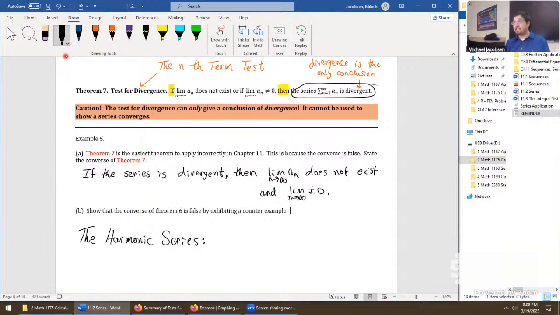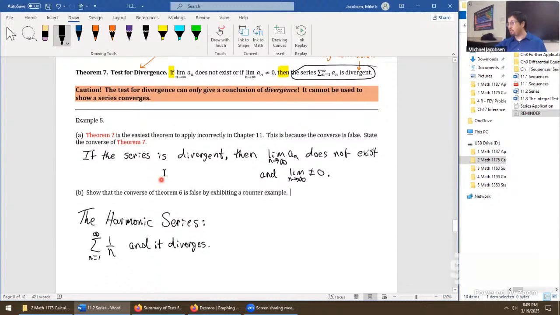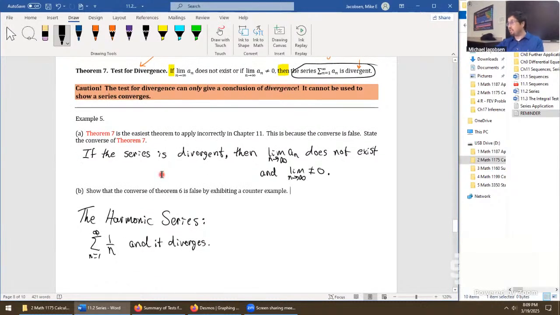Our author shows this as an example in 11.2 in a different method. But the harmonic series is a summation as n goes from 1 to infinity of 1 over n, and it diverges. We've only looked into numerical evidence ourselves, so we're going to have to cite our authors for the proof until we're in that section.